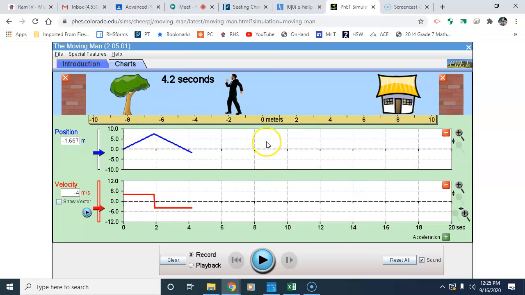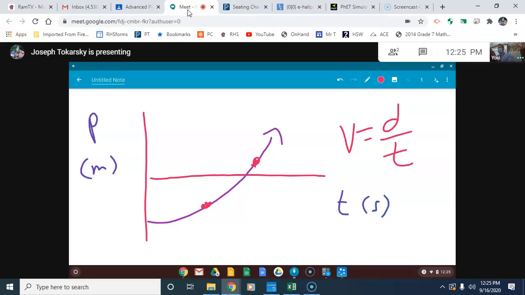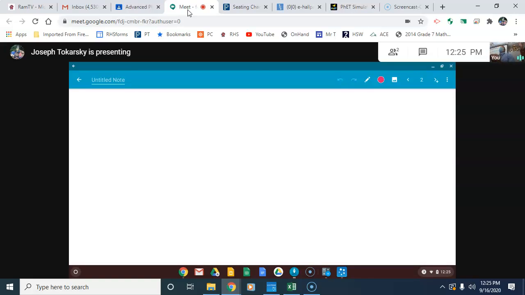Now let me ask you this. I'm going to flip back to here. We just talked about earlier, reviewed the fact that turning around on a PT graph, you have to have a full parabola, right? Well, how would we represent turning around on a VT graph, guys?